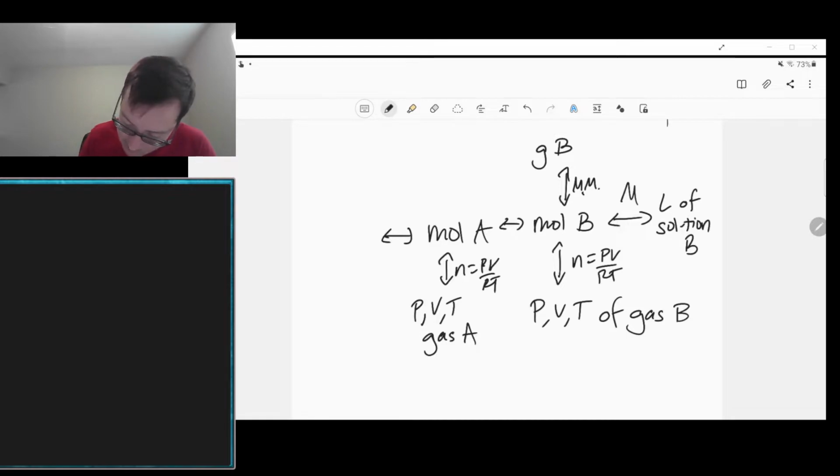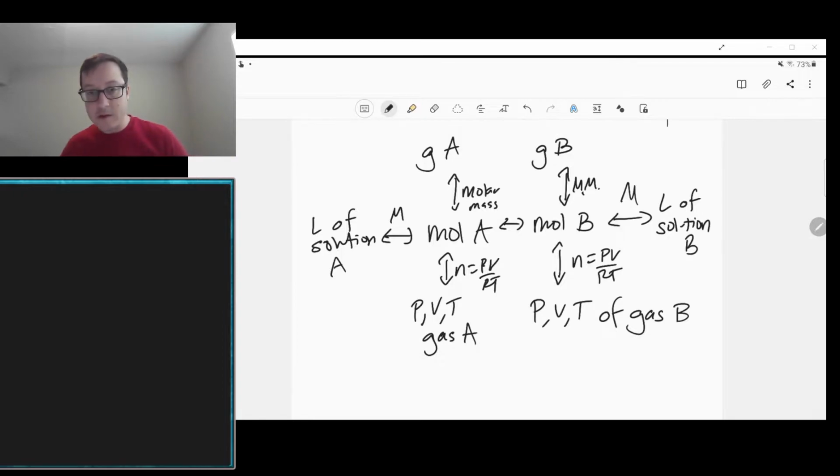We can go in between all of these things. So we have liters of solution A, and then we can also have grams of A, which is the molar mass, the molarity. So we have all these things we can do stoichiometry wise.